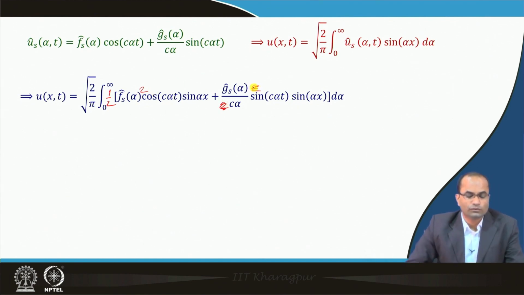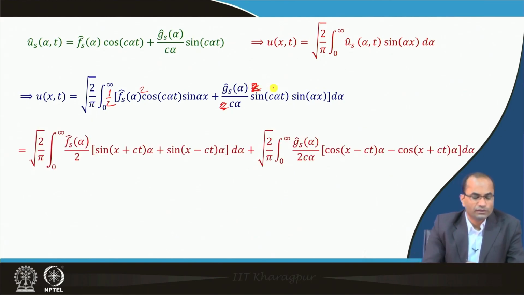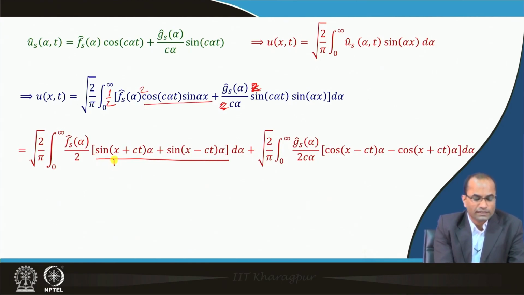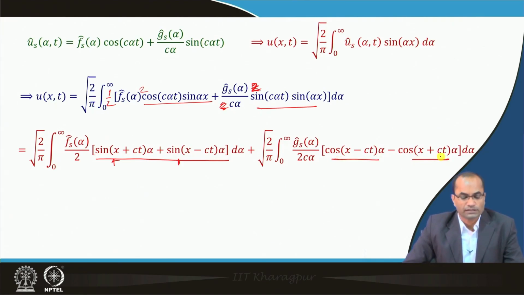So, we have 2 cos a sin b, and here also we have 2 sin a sin b, which we can now use with the trigonometric identity. So, 2 cos a sin b we will get only sine terms. So, sin alpha(x plus ct) and sin alpha(x minus ct), and in the second place here we will get cos alpha(x minus ct) and then minus cos alpha(x plus ct).